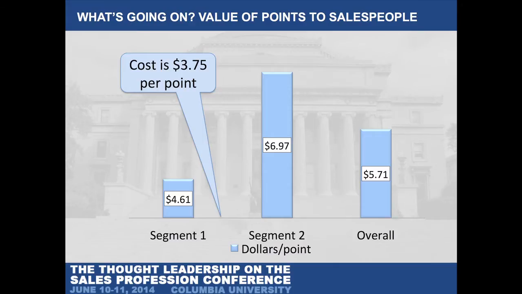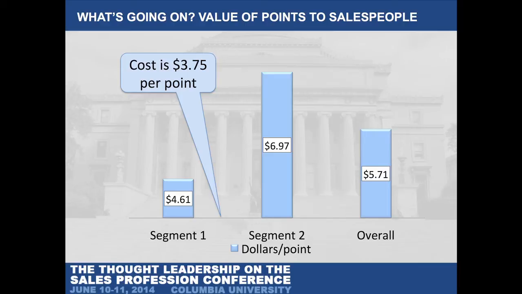A little background here: if you check the stuff in the catalog, you can get it on Amazon cheaper. You can get a 42-inch plasma set or an LCD set on that catalog, and it'll be cheaper on Amazon. So it's not a terrific buy, and you don't really know as a salesperson what it is. We know it's 375 to the firm. So the cost is 375 to the firm to create these points.